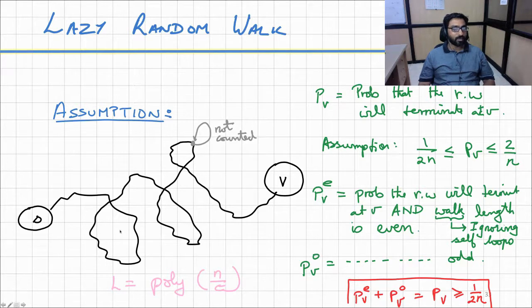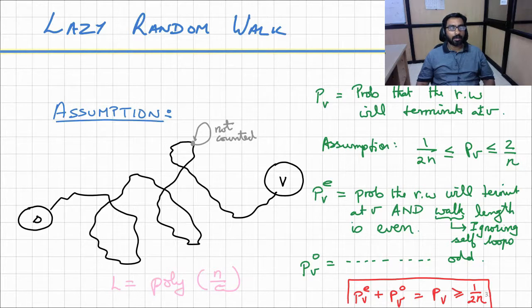And if you remove all the self loops and just look at the length of the walk from S to V, this walk was of even length, and you landed in V. So this is the probability of that event. Similarly, you can define PV superscript O for odd, which is exactly the same event except that the length of the walk is now odd.